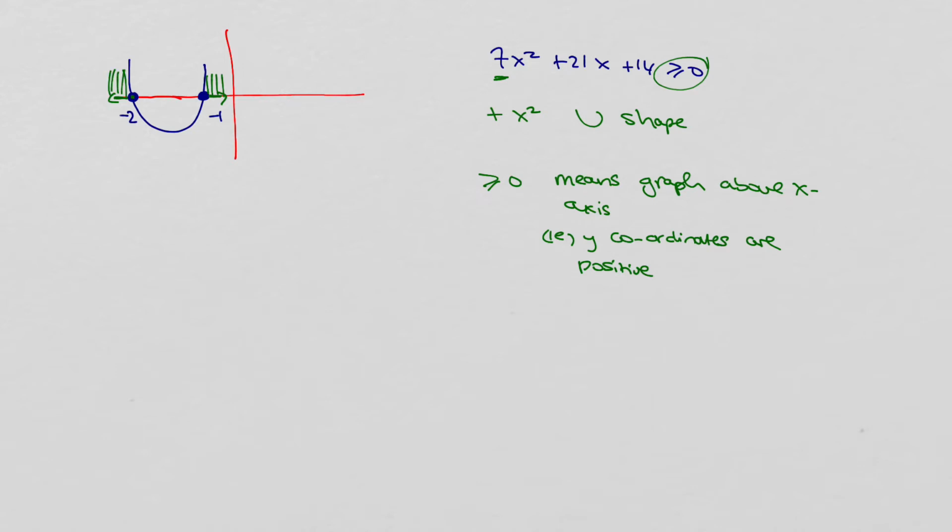But it can also be at -2 and it can be at -1. And therefore our solution must be that if I'm going to the left of -2, x must be less than or equal to -2, or x is going to be greater than or equal to -1. So therefore that is my answer.